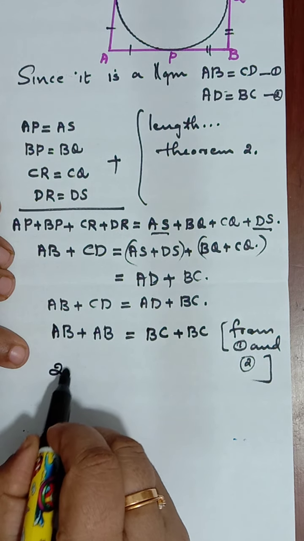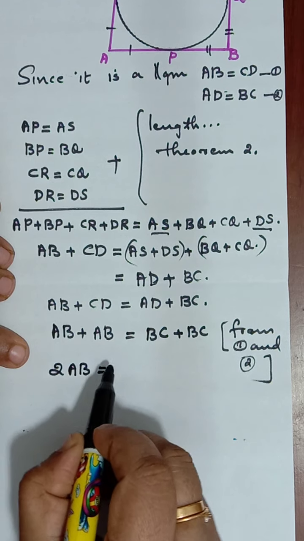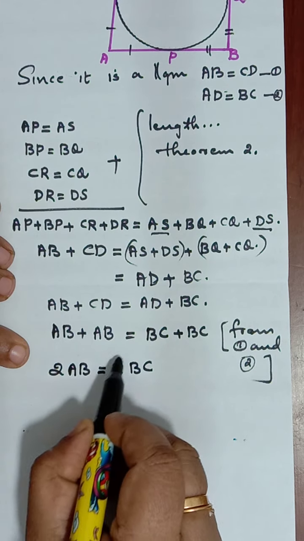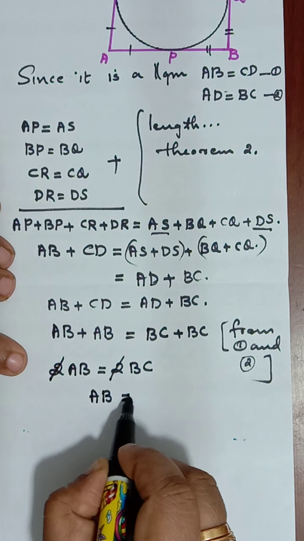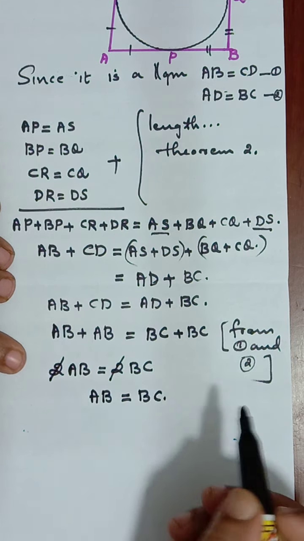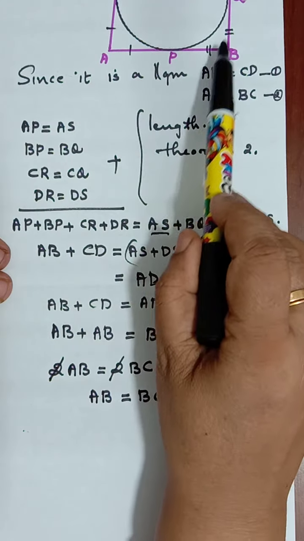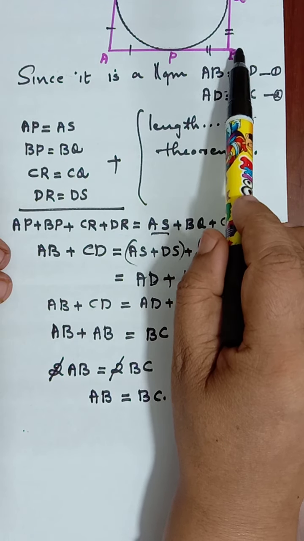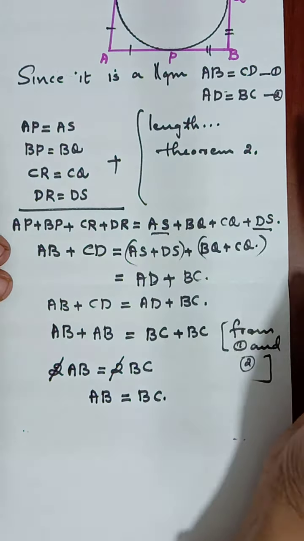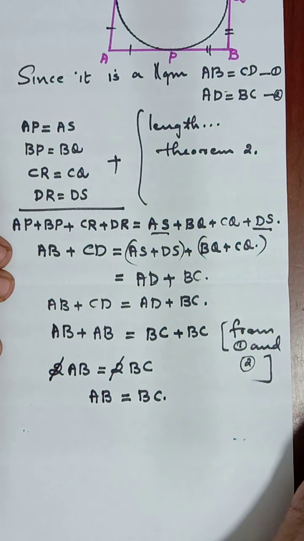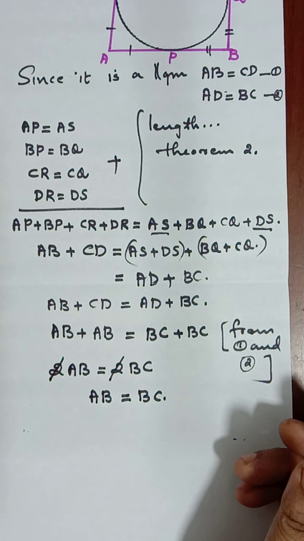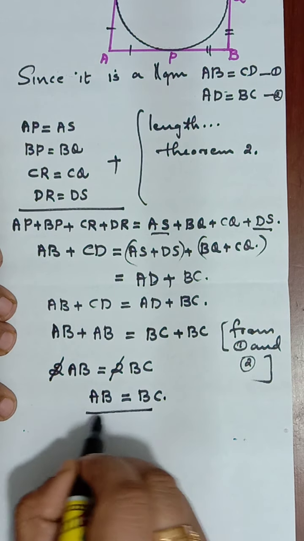From 1 and 2, what is our conclusion? AB plus AB comes as 2AB equal to 2BC. We will cancel 2 on both sides. We are left with AB equal to BC. What are AB and BC? They are adjacent sides of a parallelogram. Given that it is a parallelogram, opposite sides are equal, already said. Then adjacent sides also equal means it will be a rhombus.